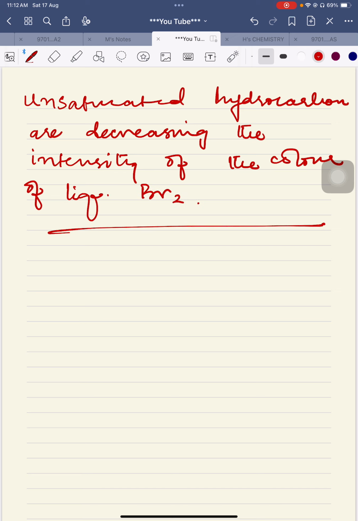So color of liquid Br2 decreases. The intensity of the color is decreasing. Okay. So this is the basic point about which you should know.